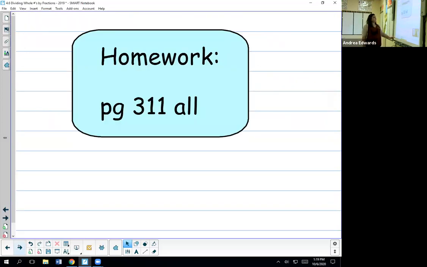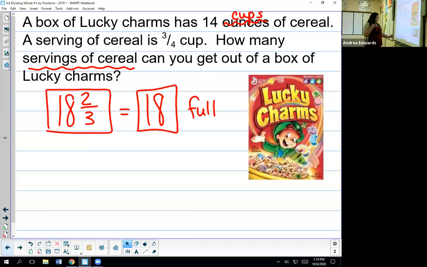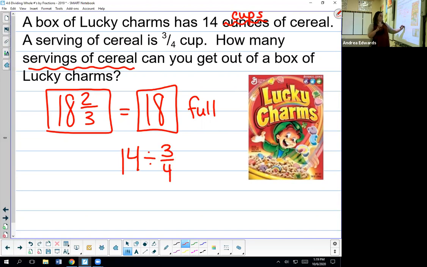All right, so this is basically the end. So typically at this point, you guys, how do we know which one to flip? Okay, so hold on. Addison, you have to think about what are you starting out with first? You're starting out with 14, right? And you're cutting it into 3/4 cups.